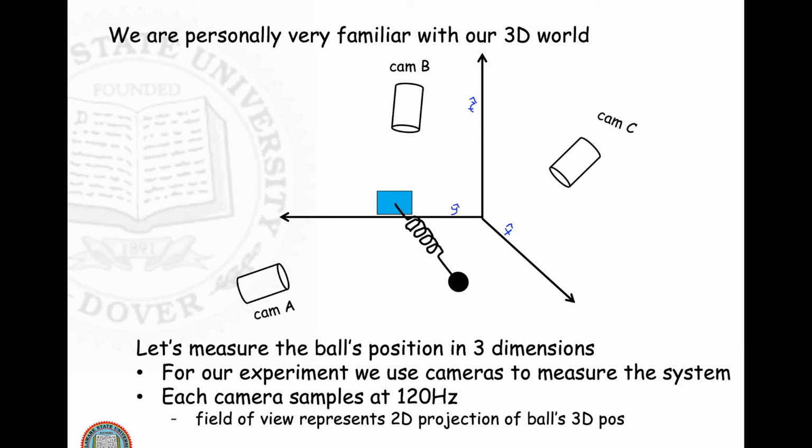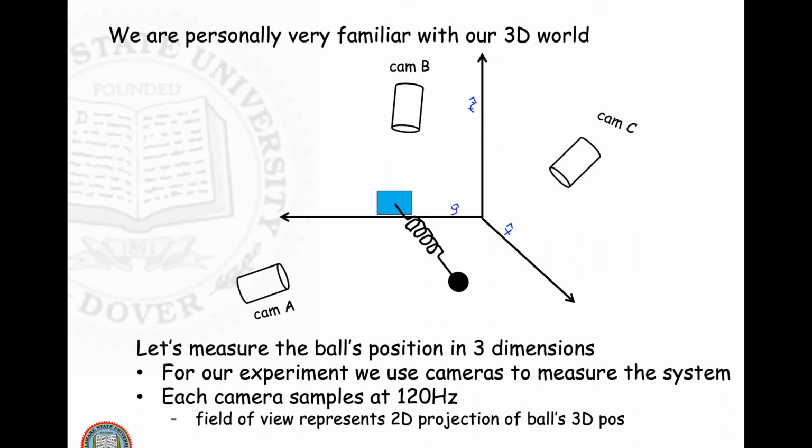Certainly, if the spring is oscillating very fast, you have to make sure the cameras have a high enough frame rate to suitably capture the true motion of the spring mass damper system. Each camera, you can assume, samples quickly, say 120 times a second.